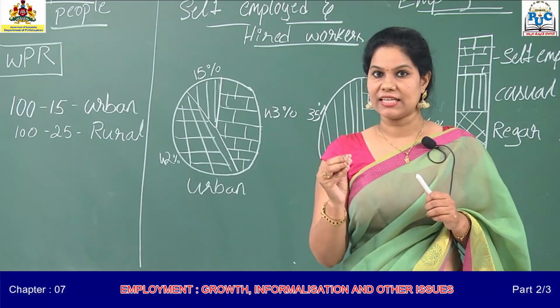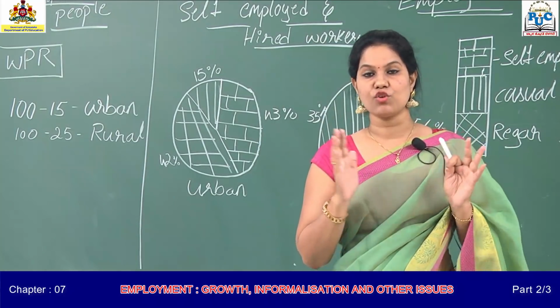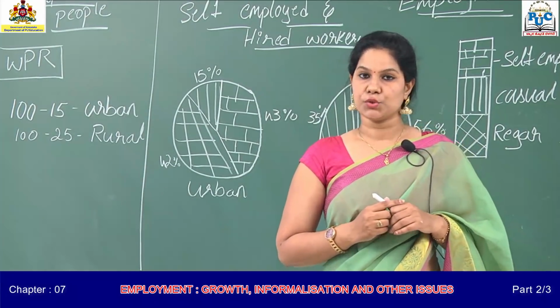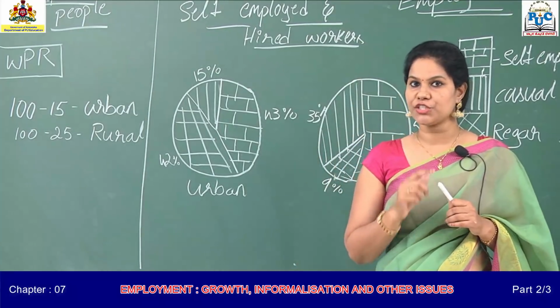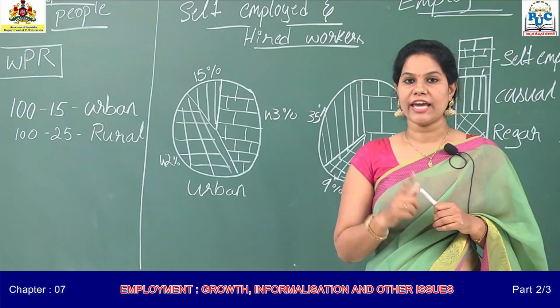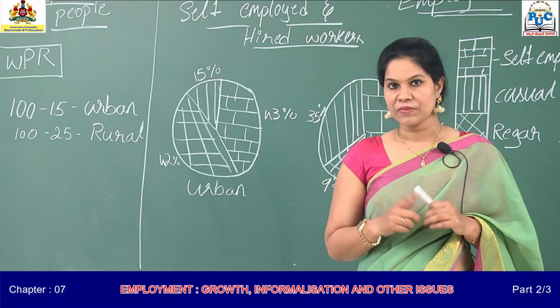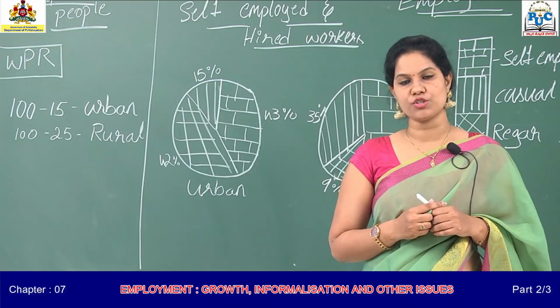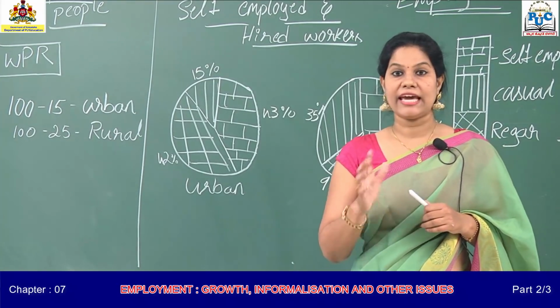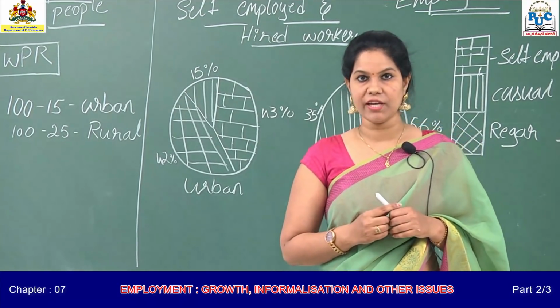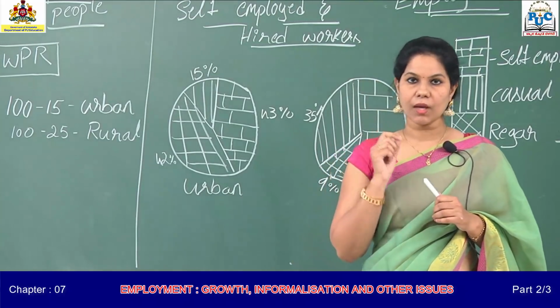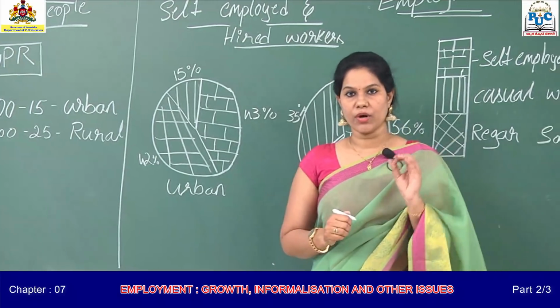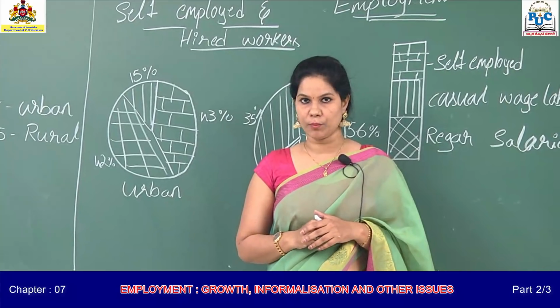If it is less, production will be less, which is not good for any economy. So the working population ratio should always be more. If it's more, production is more. If production is more, national income will be more. If national income is more, the country's growth and world recognition will grow much faster. Because of that, we say the population ratio should be more.